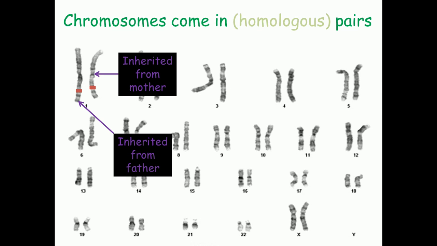Now if you inherit a brown eye color gene from one parent and a brown eye color gene from the other parent, that means that you can express brown eye color. However, what happens if you inherit a brown eye color gene from one parent and a blue eye color gene from the other parent? Which color do you express, or is it a combination of both?